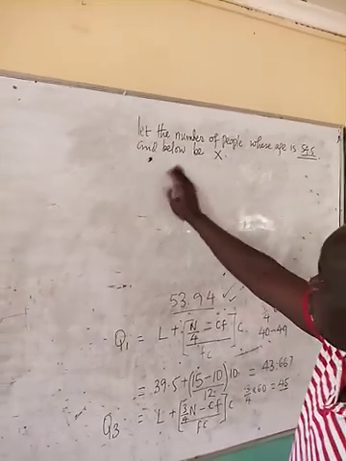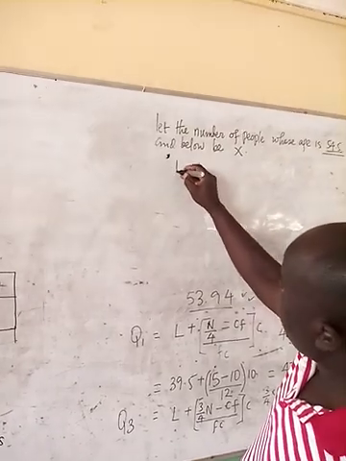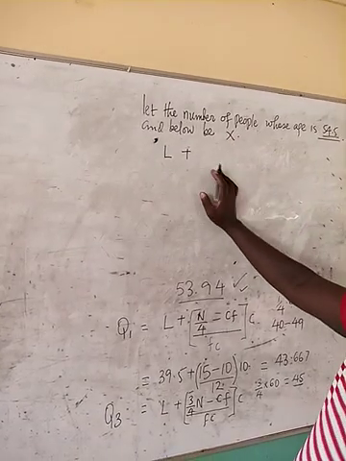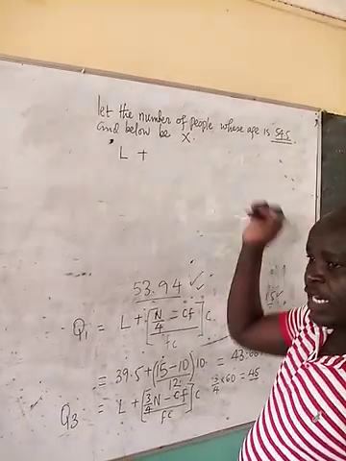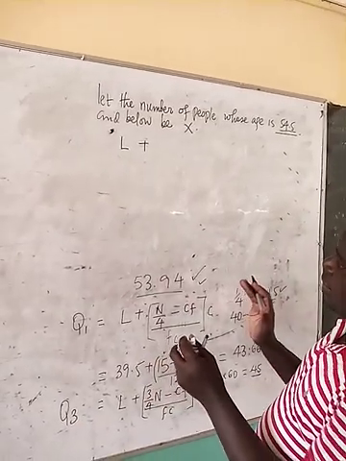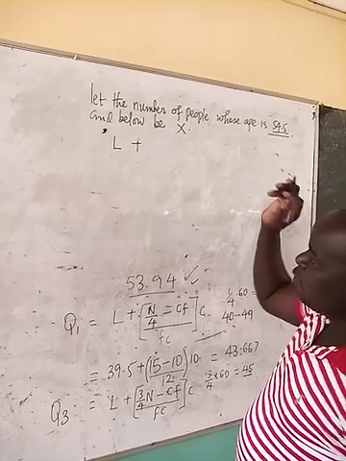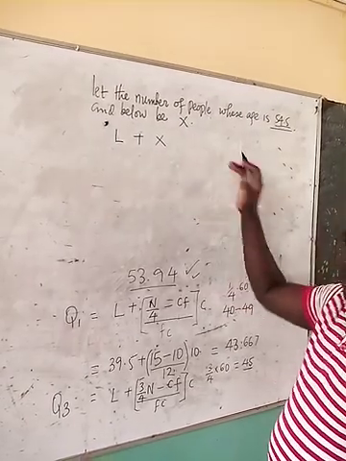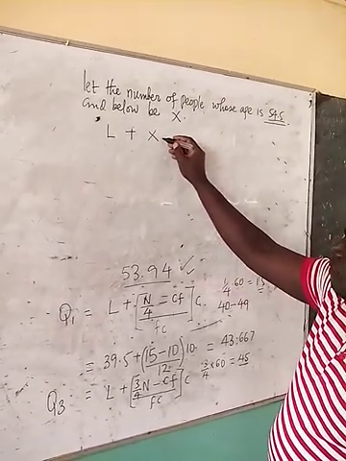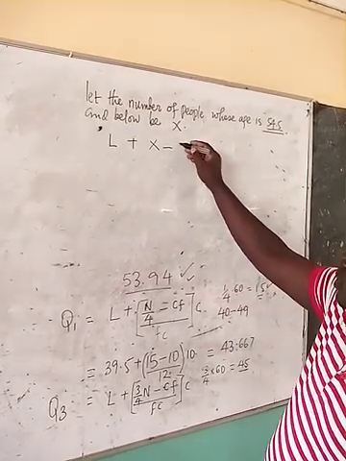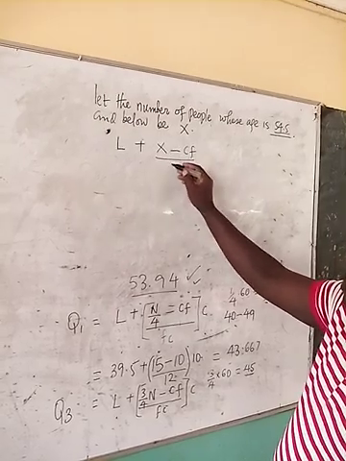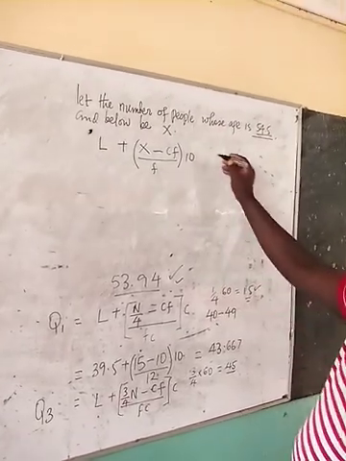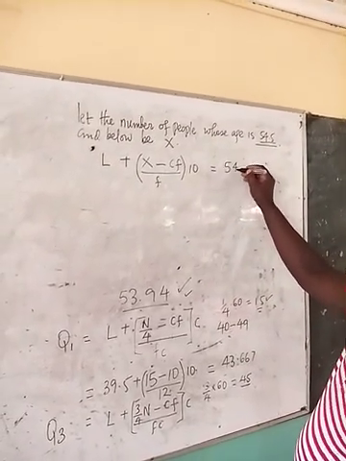So, using that formula, we need the lower limit of that class plus that total frequency divided by anything is supposed to be giving us the number of people up to the point where we have that mark. How many people are involved? That is X. So instead of n over anything, we just have X, but then we shall have cumulative frequency before that class over frequency of that class times the class interval of that class, which is supposed to give us 54.5.